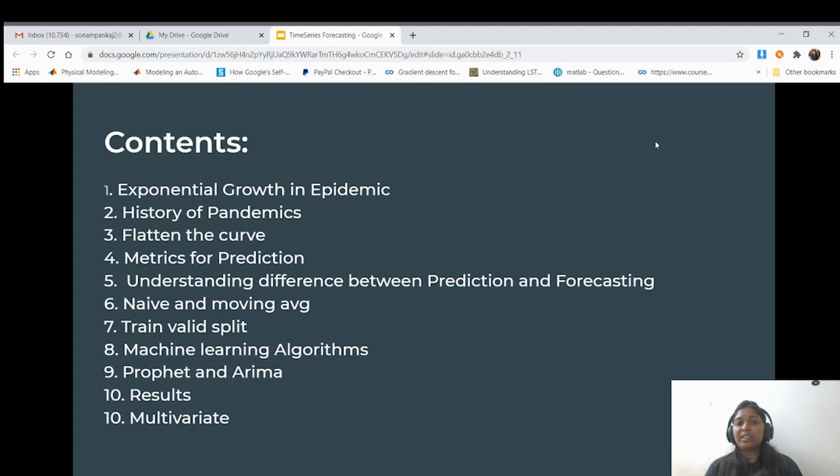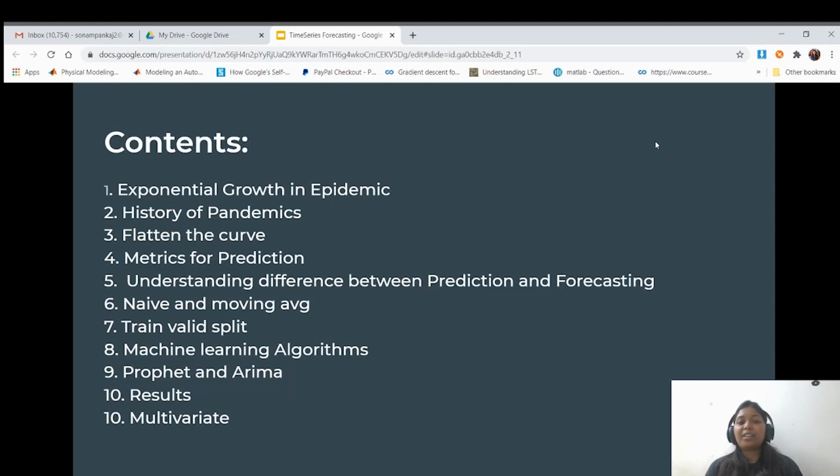We will be looking at some basic algorithms like naive and moving average. Then we will get into machine learning algorithms, but before that you have to understand how to do the train and valid split, because it's very important to split your data set into training and validation to measure the accuracy.